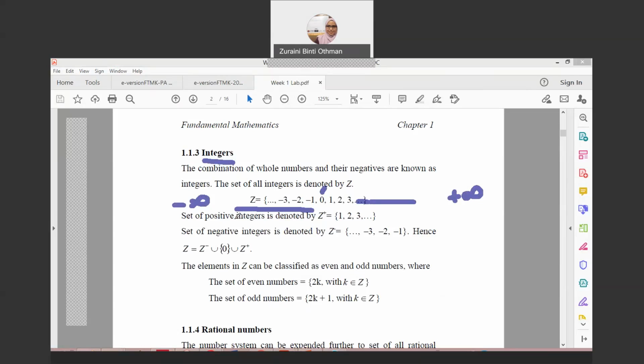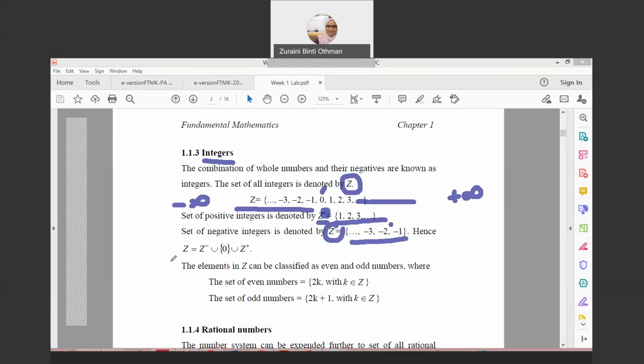Integer kita wakili sebagai Z. Kalau Z positif macam ni, Z plus, meaning that integer positif, nombor-nombor positif saja. Kalau Z negatif ialah integer negatif, nombor-nombor negatif saja.